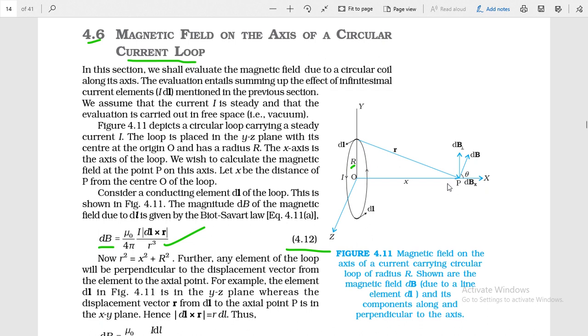You know that the axis of a circle is a line perpendicular to the plane of the circle and passing through the center. So you can see in the diagram that OP is a line perpendicular to the plane of the circle and passing through the center of this circle.